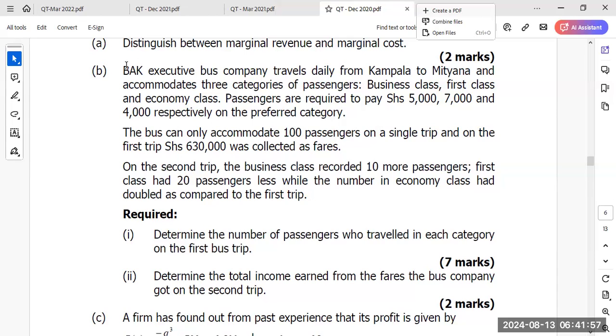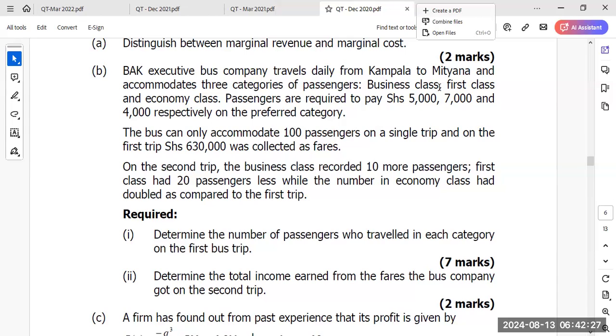So we have to analyze our case study. The BAK bus company travels daily from Kampala to Mityana and accommodates 3 categories of passengers.